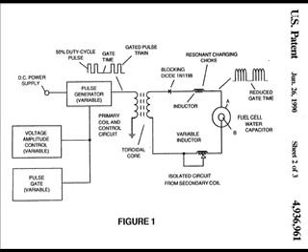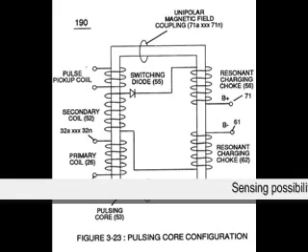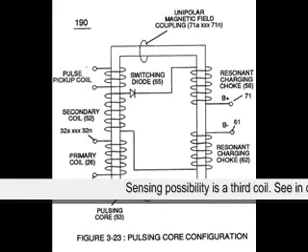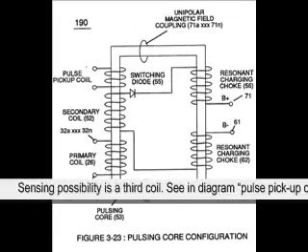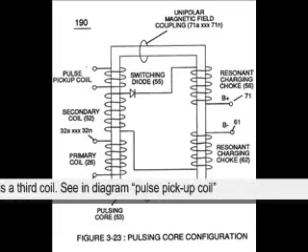The second choke is probably made adjustable for fine tuning. This may not be necessary if the impulse source has scanning and sensing possibilities. The sensing possibility is a third coil on the core, used to detect the increase in voltage at resonance.